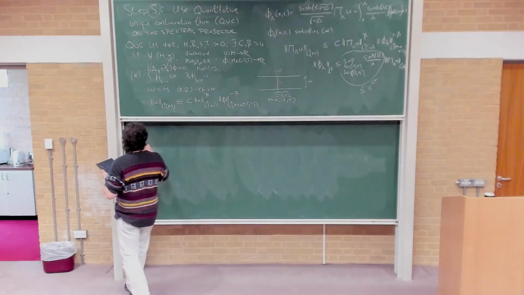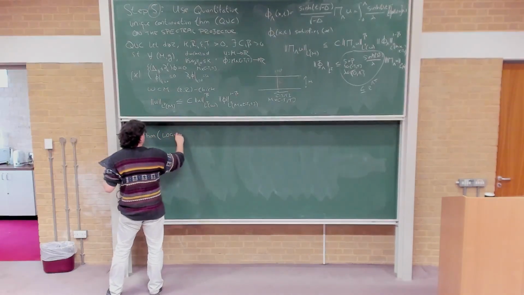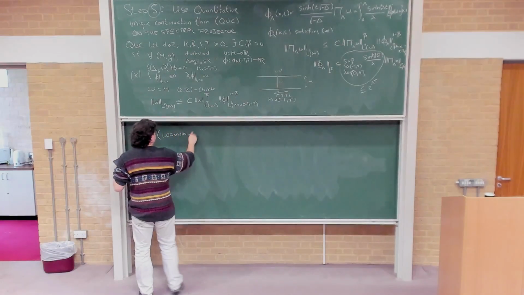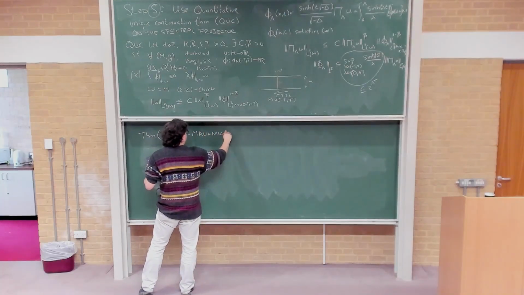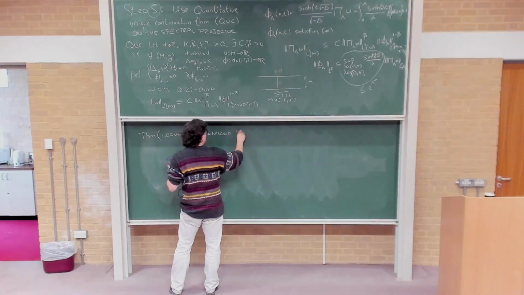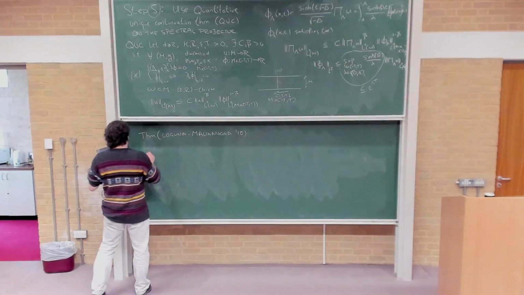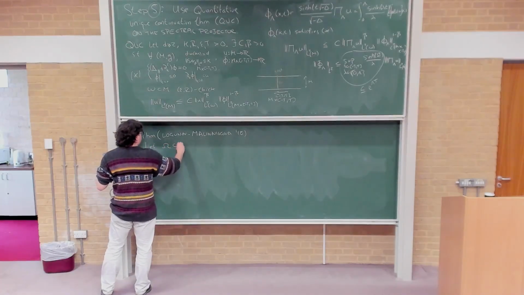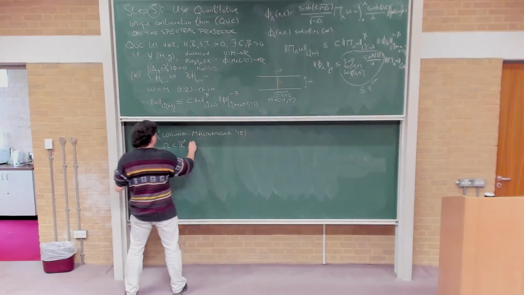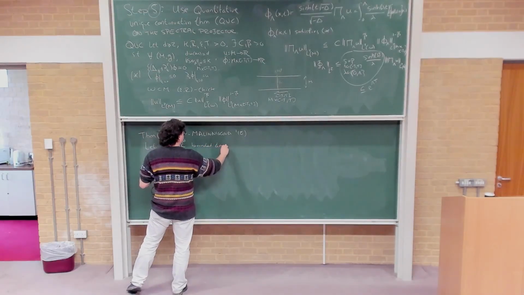So there's this theorem from Logunov and Malinnikova in 18 that says, so we have omega in R^d bounded domain.